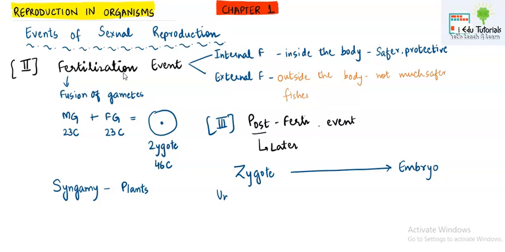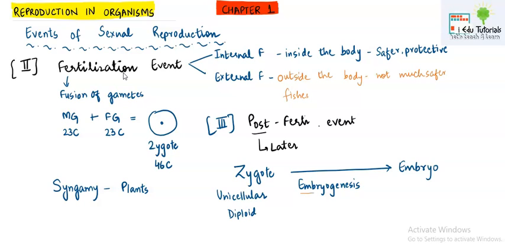The zygote was unicellular, a single-cell structure. It was diploid in nature because the chromosome number got doubled when two halves fuse, since half plus half always makes full. So it had double the number of chromosomes of the gametes. This process of formation of the embryo from the zygote is known as embryogenesis.